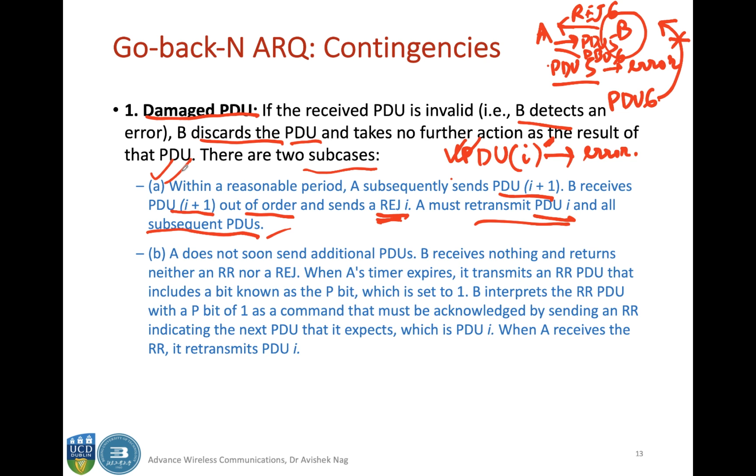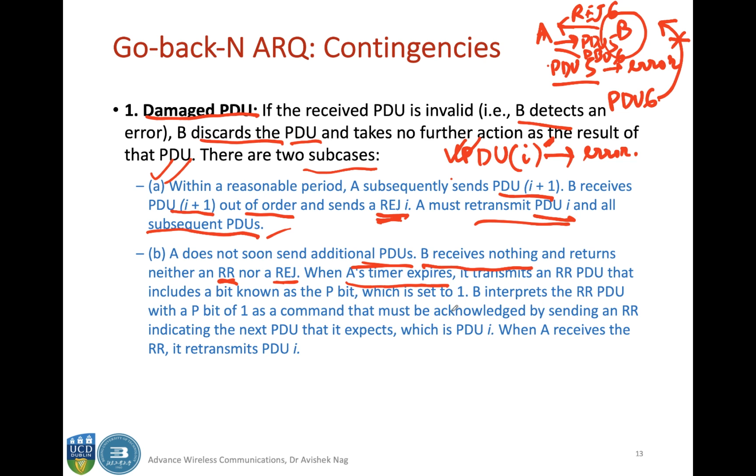Now subcase B can be that A does not soon send additional PDUs, and B also receives nothing and returns neither a positive acknowledgement nor a negative acknowledgement. In the meantime A's timer expires.